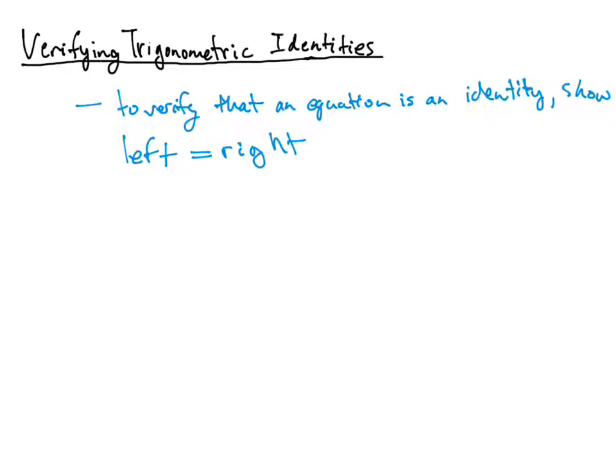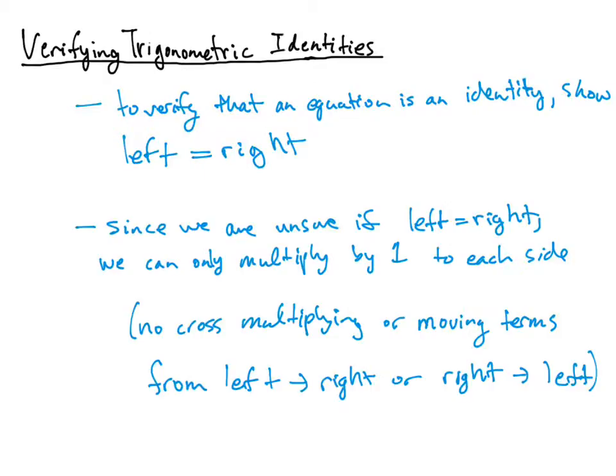And because of that, some of the rules of algebra don't apply. So what do we mean by this? Well, since we are unsure at the beginning if the left is actually equal to the right, we can only multiply by 1 on each side of an equation. Normally if you have an equation that you're solving, let's say it's this, we can divide both sides by 3 and we're good.